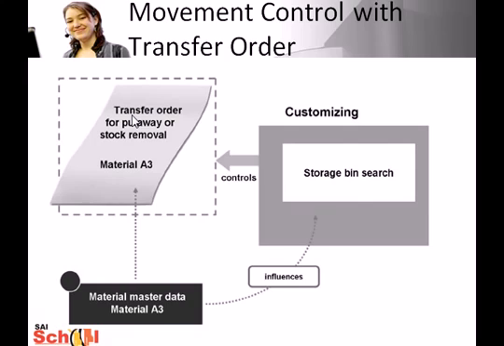When you create a transfer order, the system checks all of the relevant settings at customizing or master data level and uses this data to determine suitable storage bins for put away or storage bin stocks for removal. You also have an option to select or specify the bins and bin stocks manually. So let us now go into the system and have a quick look at some of these entities and transactions.